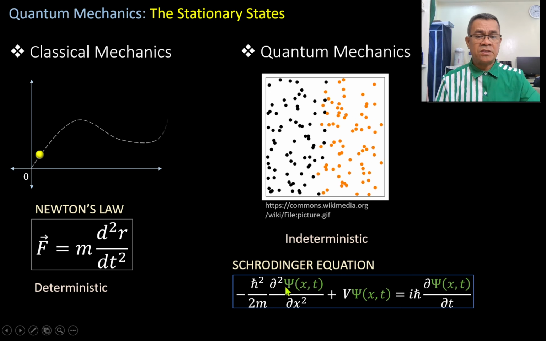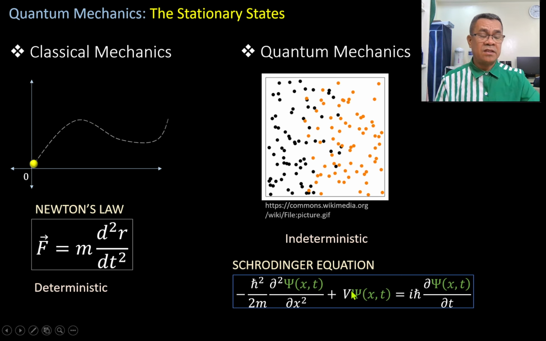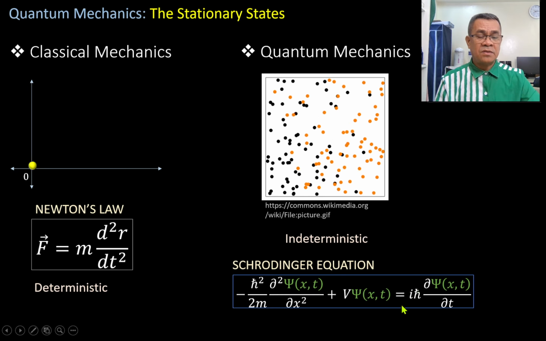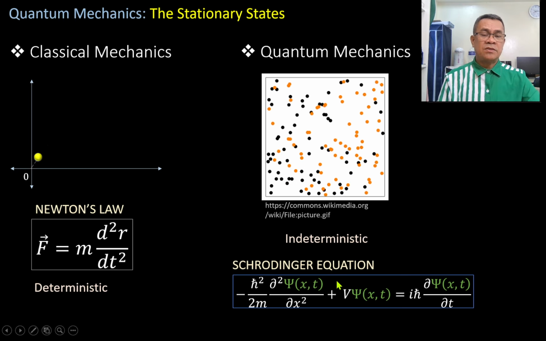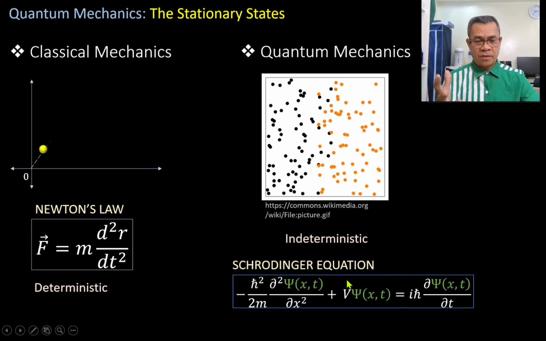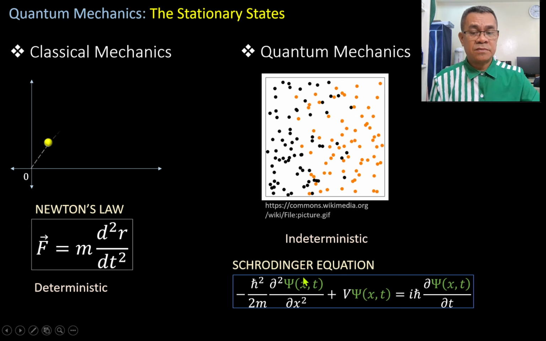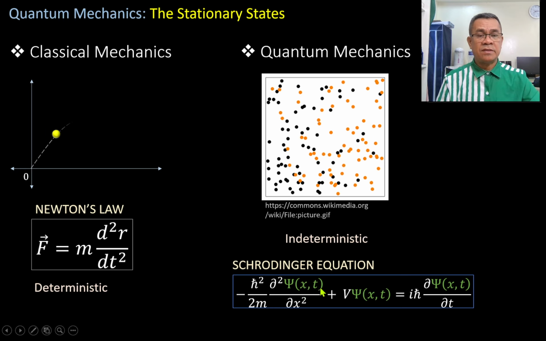And we have this partial derivative because we have two variables. And we have the potential energy, the constants, and the mass. So therefore, in order to describe the system, we need to solve for the wave function, the big psi, which is position and time dependent.